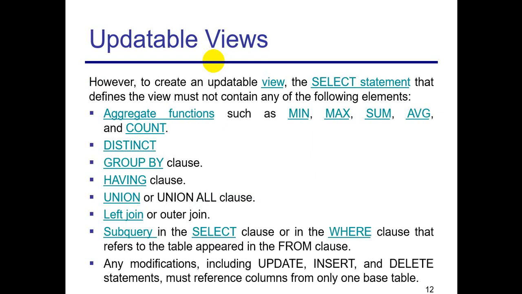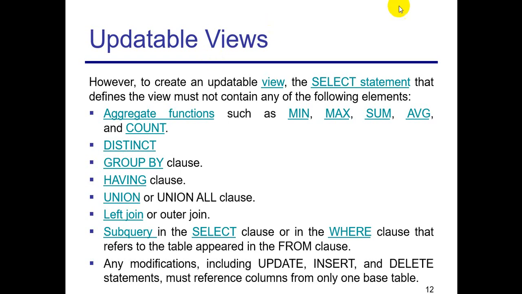These restrictions exist for many purposes, because sometimes you are going to update the data in one table, but your view is actually using more than one table. You cannot just enter data in one table without entering the data in another table, so there are many problems with that. There are a lot of restrictions listed here. After following these, you can create the updatable view.